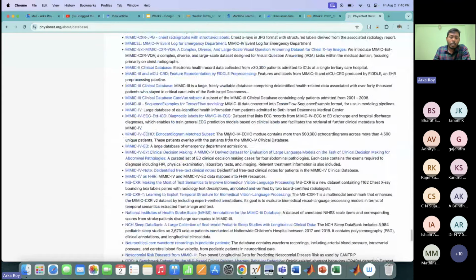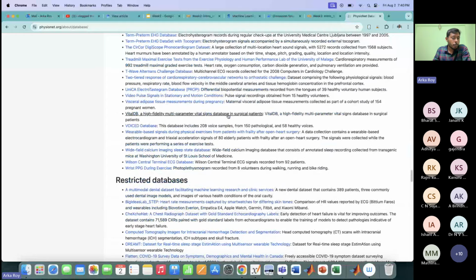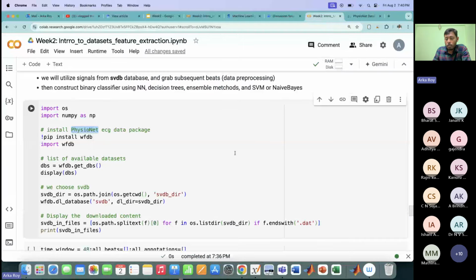It comprises around thousands of different sorts of datasets, which you can also use in your research or applications. The Physionet website has given its own package called wfdb. You can use this wfdb function to load each and every dataset that is there on the Physionet website.